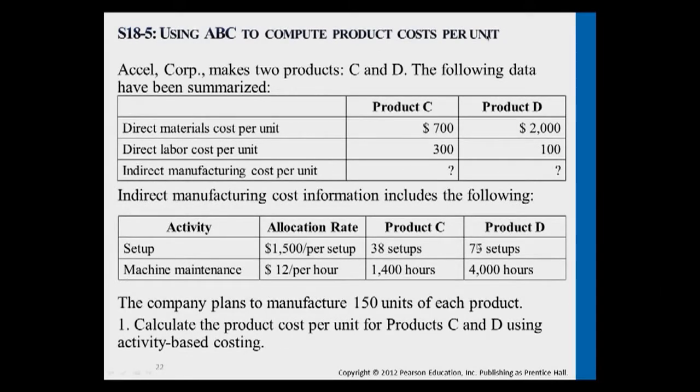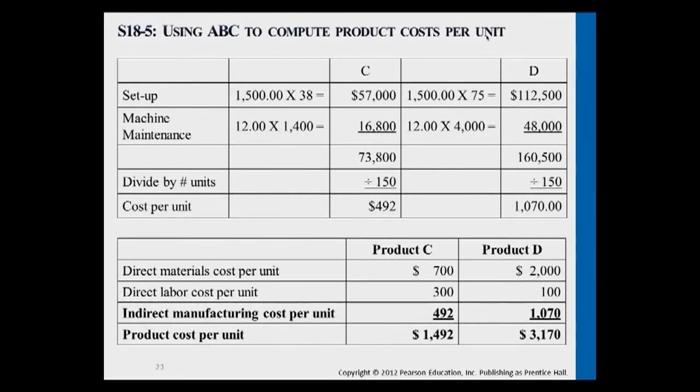It says that 150 units are made. Okay. So you read carefully. The company plans to manufacture 150 units of each product. That's why you multiplied it by 150. So let me show you what we did. Right? So 1,500 by 38, 57,000. Then we did the same for machine maintenance.